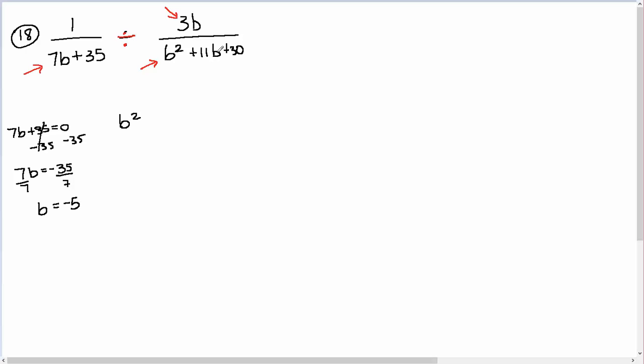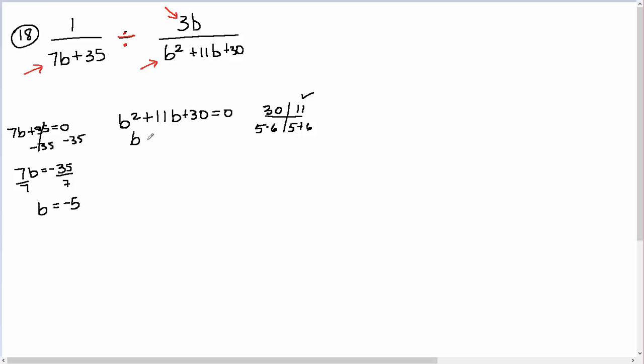Then we have to take the second denominator. And for this, we're going to have to factor. We need two numbers that multiply to 30 and add up to 11. So 15 times 2, 10 times 3, 5 times 6, yeah, 5 times 6 it is. 5 plus 6 gives us 11.